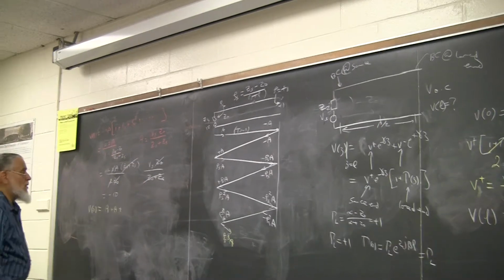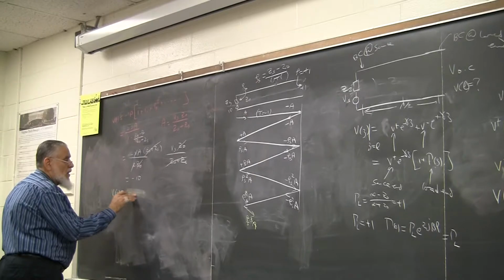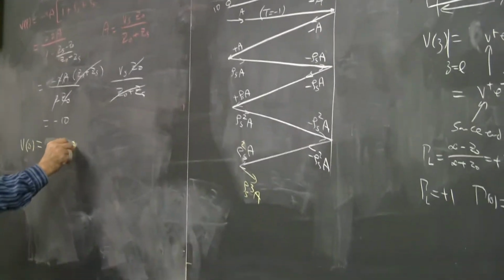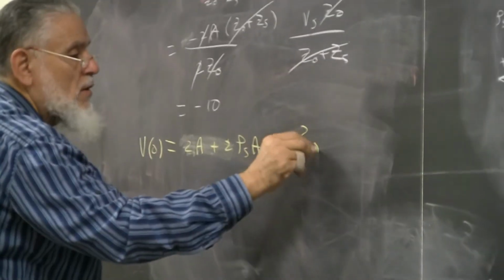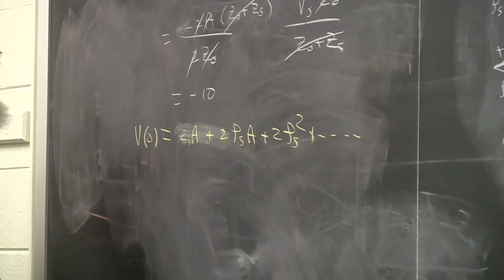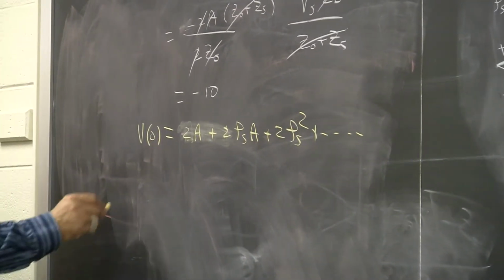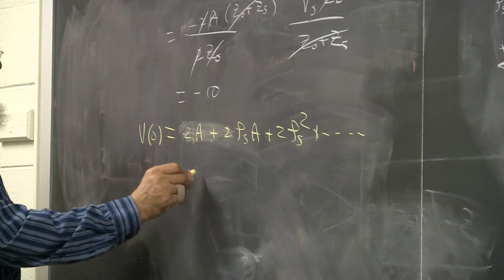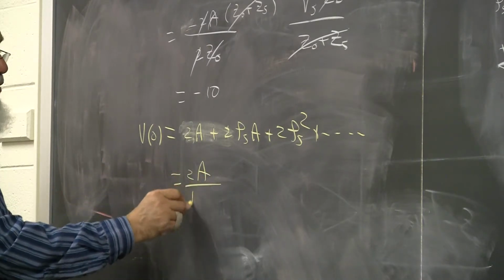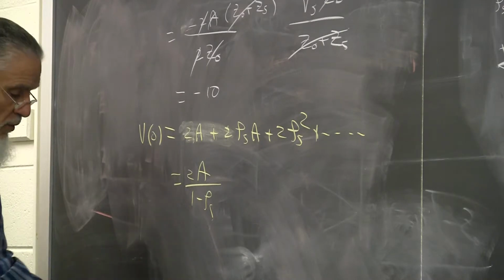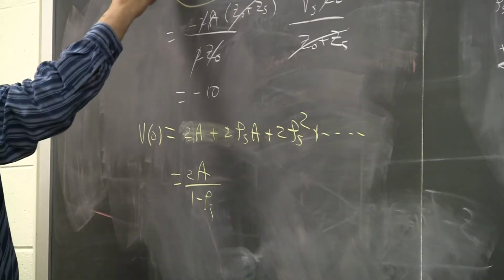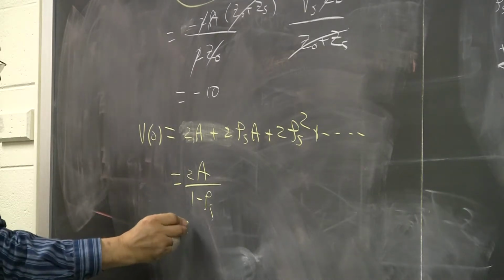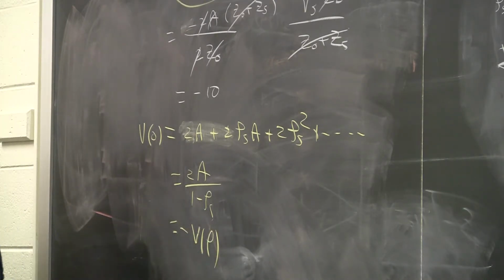Okay, so as you can see, it's 2A plus 2 rho S A plus 2 rho S squared A, etc. So it becomes 2A divided by 1 minus rho S. If you notice, it's the same expression that we had here except for the minus sign. So it's actually equal to plus 10.